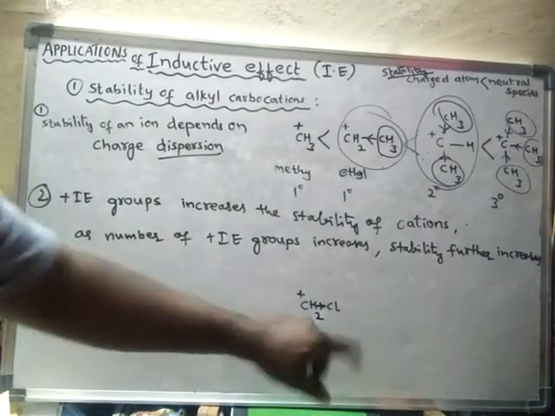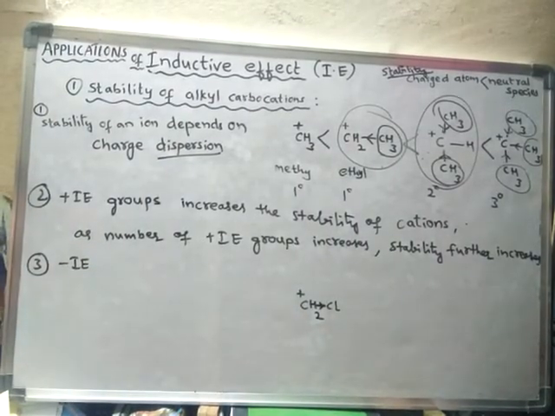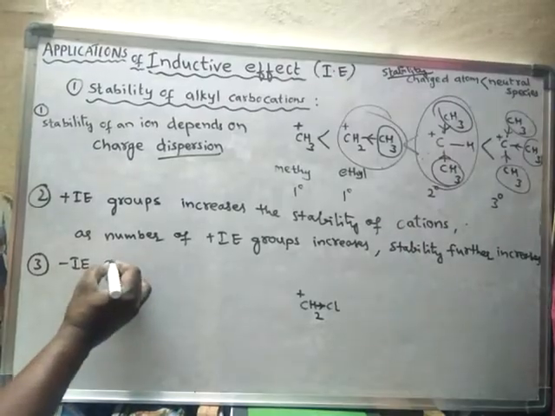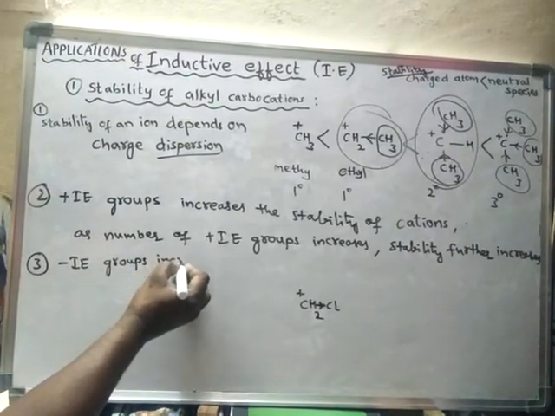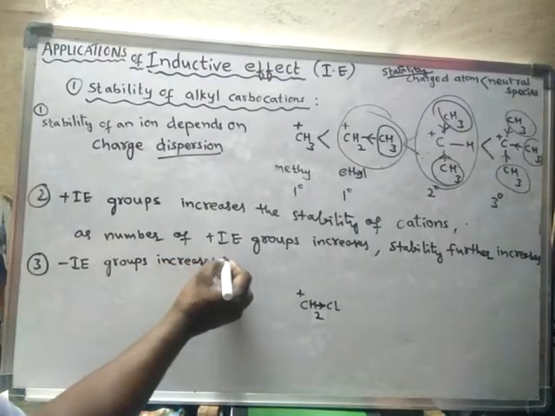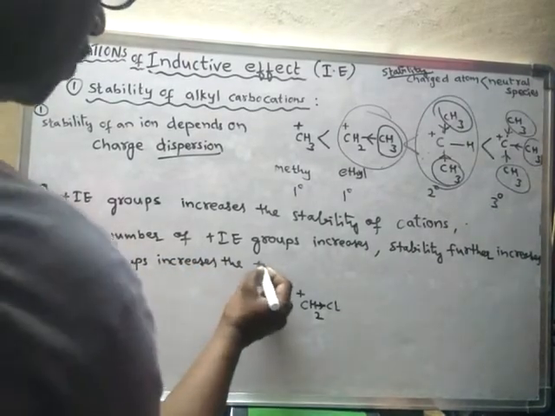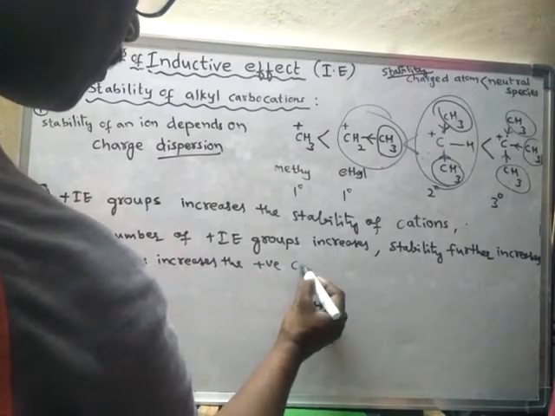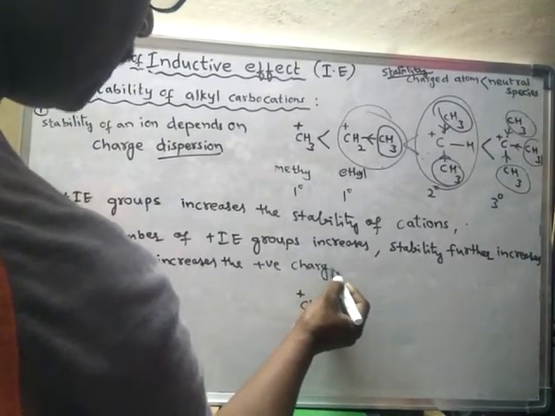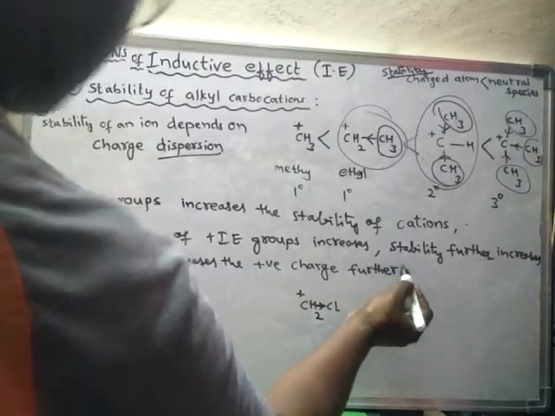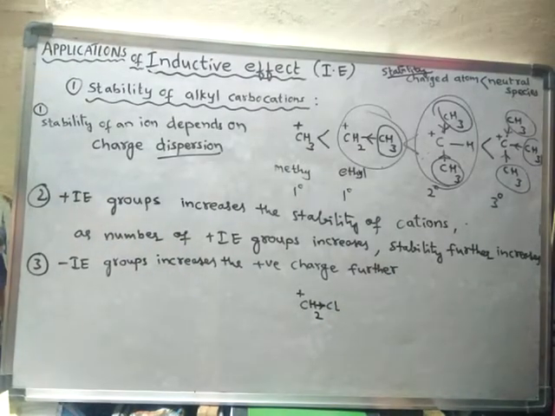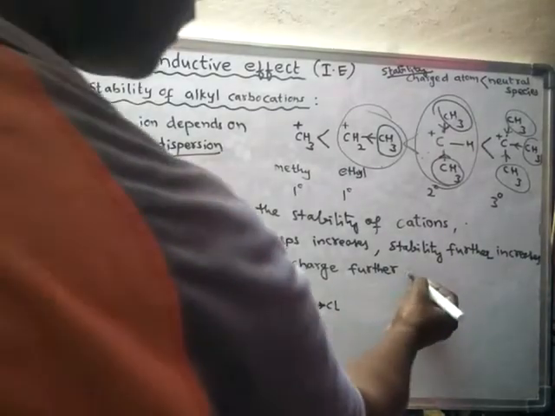This is called a minus IE group. Minus IE groups increase the positive charge further. As a result, there is a decrease in stability of cation.